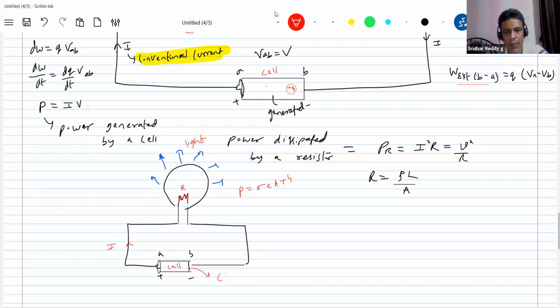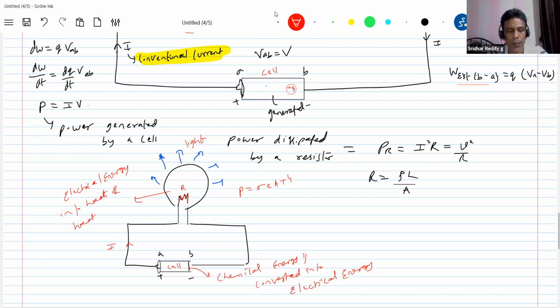Electrical energy is converted into heat, and heat into thermal radiation. This is all the energy conversion that occurs here.